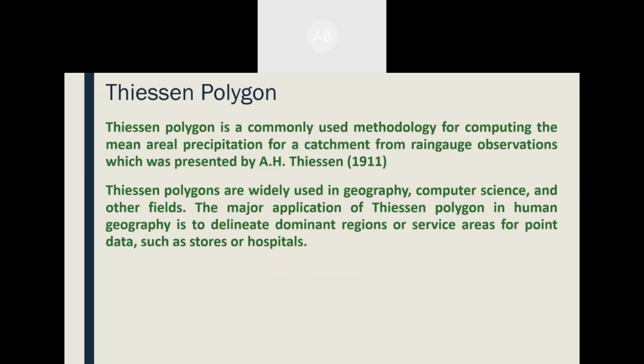Then, coming to one very important subchapter, which is known as the Thiessen polygon. The Thiessen polygon is an approach to distribute some values, more likely point values, inside a polygon.